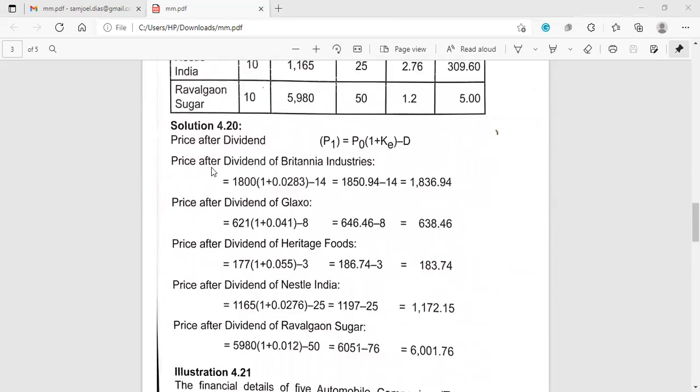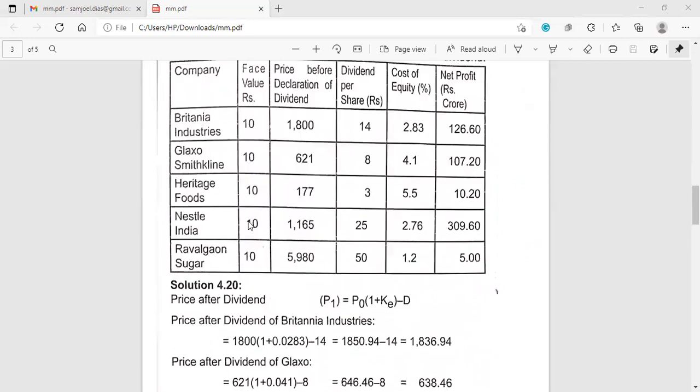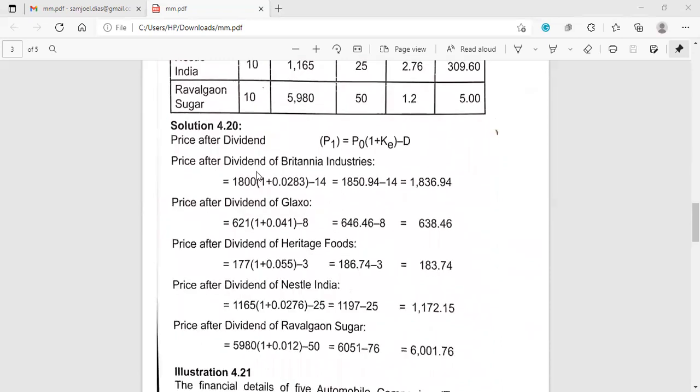For Britannia Industries, you can observe here, I have explained what is P0, what is KE, and what is D, and everything is there in the table. For Britannia Industries, the market price would be 1836.94 after declaring dividend. Before it was 1800.